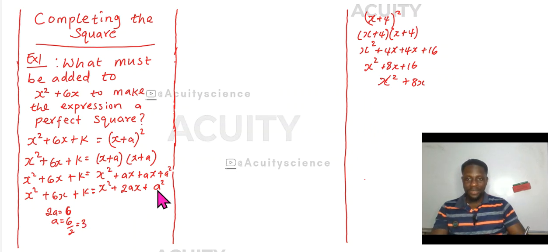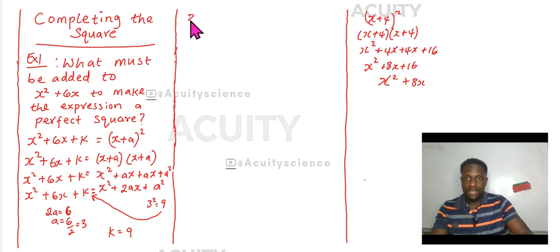Super easy. If you put 3 here, 3 raised to the power 2 becomes 9, and this becomes k. So a is 3, k is 9. So if I add 9 here, I will have a perfect square.